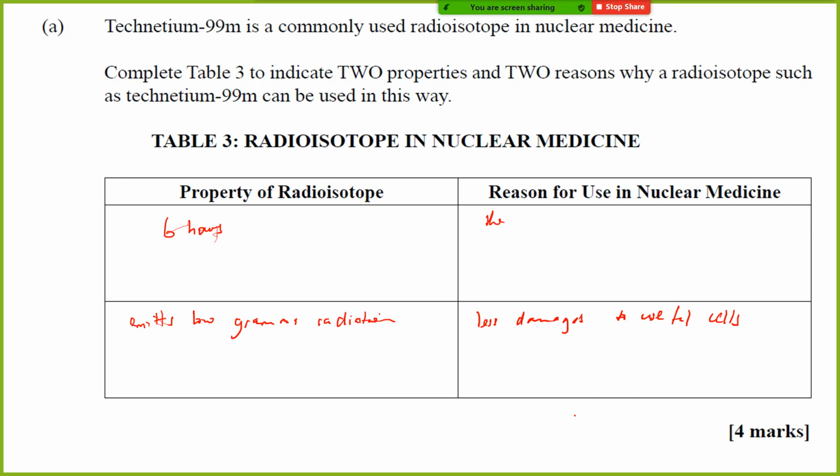Yeah, the thing about radioactive isotopes, or any radioactive substance, is that they can cause significant harm to the body, right? So using one that has a very short half life will get the job done in quick time and create less damage.